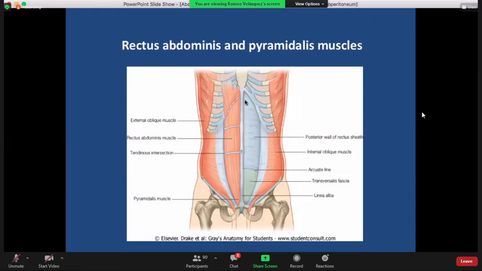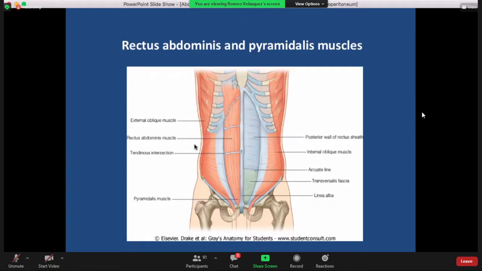And in well-developed individuals like athletes, these will be seen as what you commonly hear as the six-pack. Why? Because the recti muscles are intersected by these tendons, as you can see, tendinous intersections, transverse intersections, producing the six-pack in those with very minimal fat on the anterior abdomen. All right.